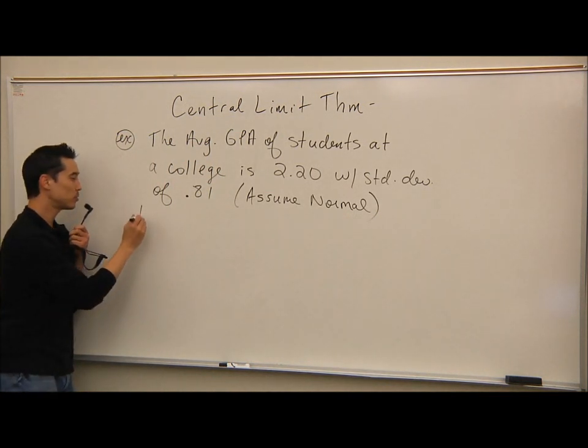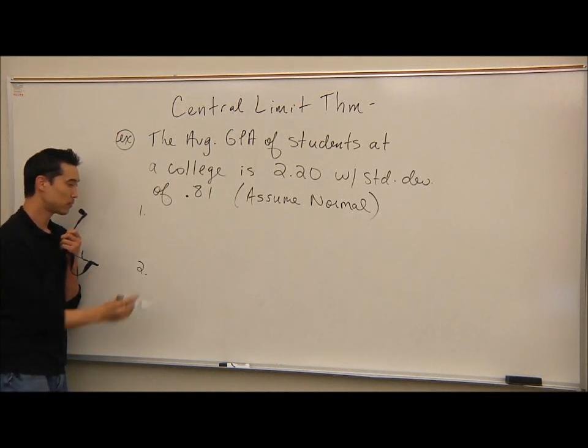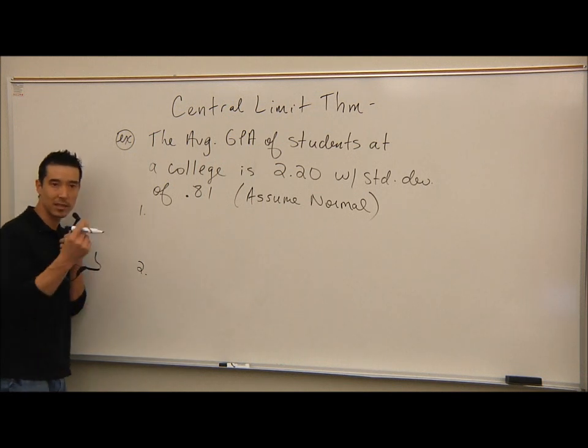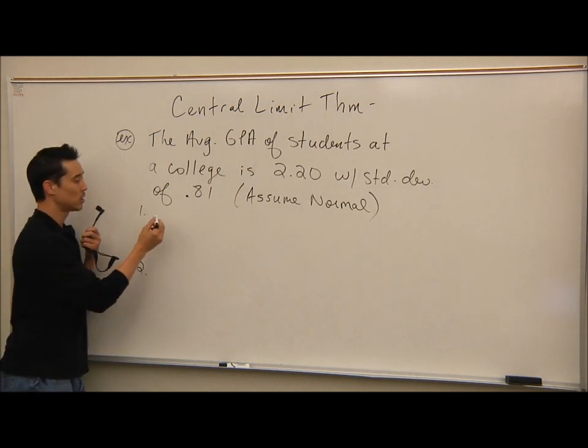Okay, I want to examine two questions. The first question is, let's say a randomly selected student is picked from this college, and what's the probability that person's GPA is over 3.0? Okay, so we're going to select one student randomly at the college.